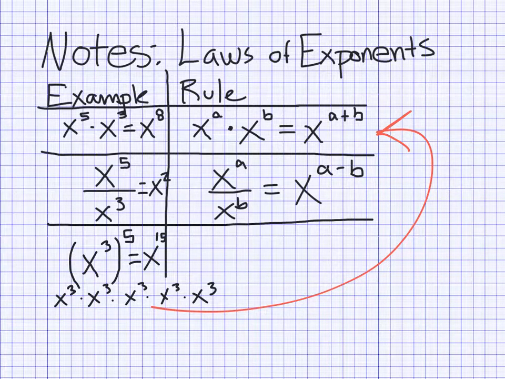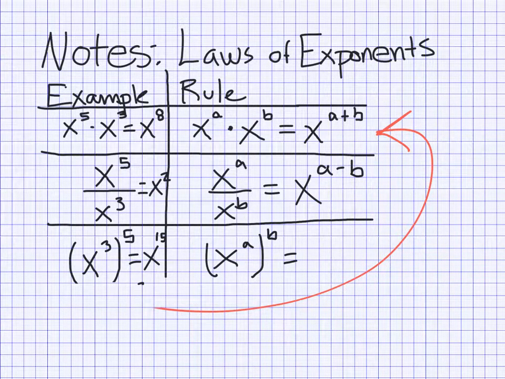So let's go ahead and write that with algebra. So x to the a, to the power of b. How did we get that 15? What did we do? All right, hopefully you see that what we did there is x to the a times b.